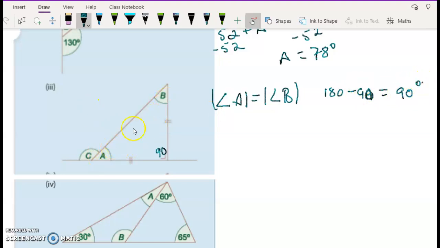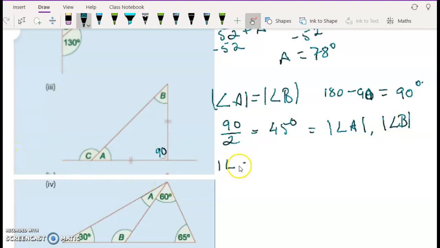So these two angles, which are the same, total 90 degrees. So 90 divided by 2 is 45 degrees, and that's angle A and angle B. So then I want to find out angle C. Well, angle C is going to be 180, take away 45, which is 135 degrees.